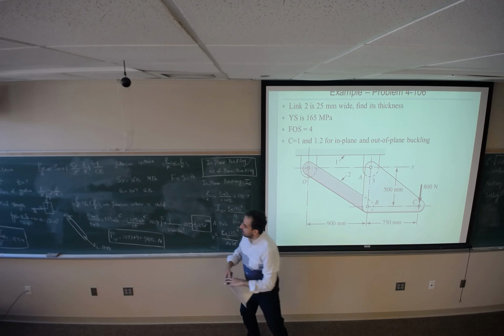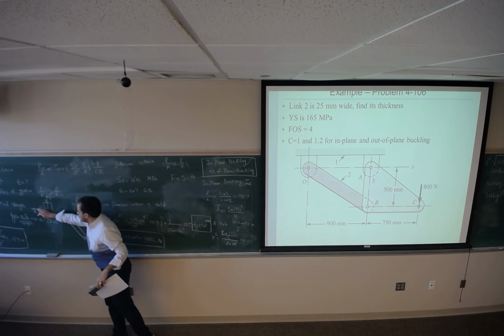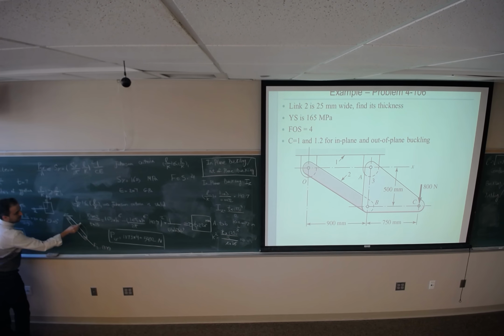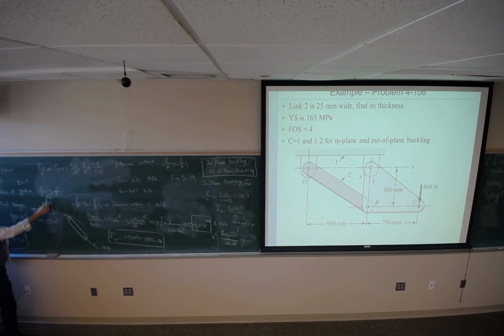In-plane buckling means rotating about the z-axis. If it's bending about the z-axis, just imagine about the z-axis. Out of plane means something like this.